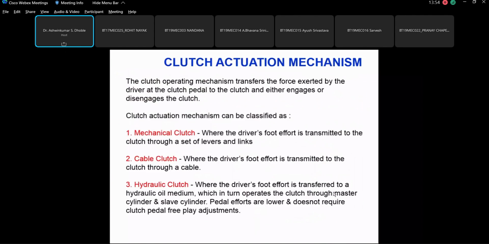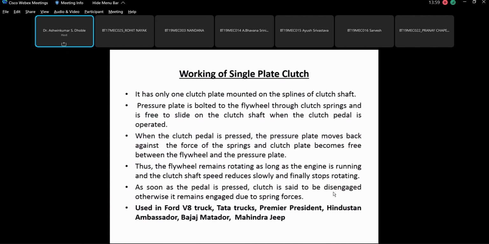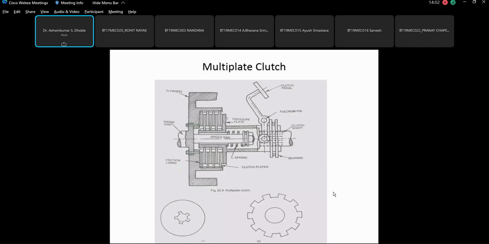This is what we have discussed previously: the working of a single plate clutch, the single plate clutch assembly. Now this is the multi-plate clutch assembly. Here you see there are many plates, the plates fitted to the crankshaft and the plates fitted on the other side. This complete section shows that multiple plates are used.